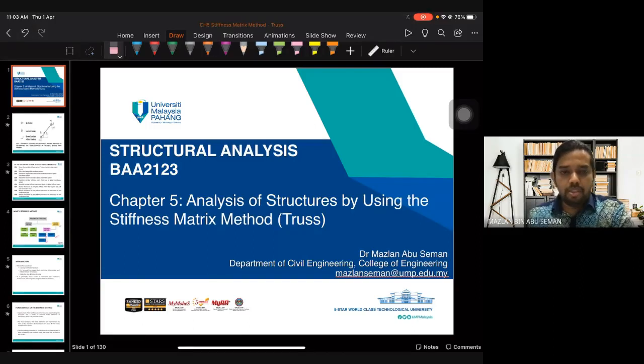All right, we just started our chapter 5 this week, stiffness matrix method. So we're going to have truss, beam, and frame. For the first part, we're going to start with truss first. For this truss, there will be questions from this part, truss plus cable.